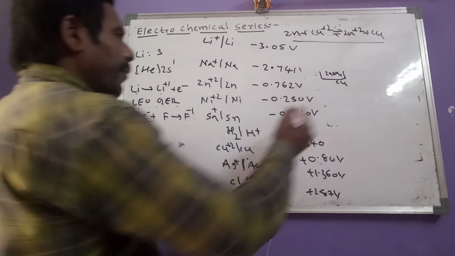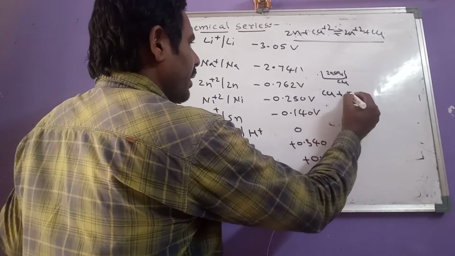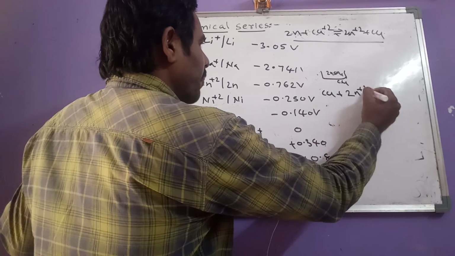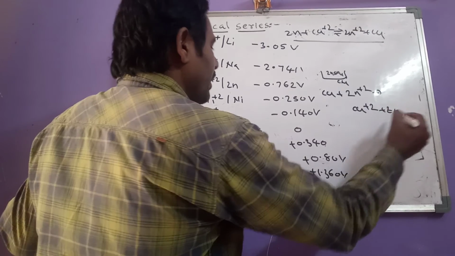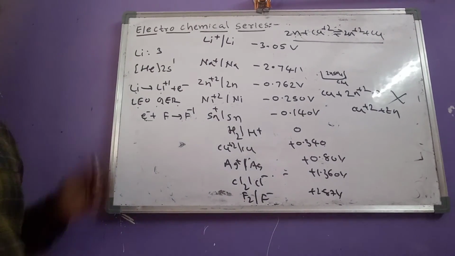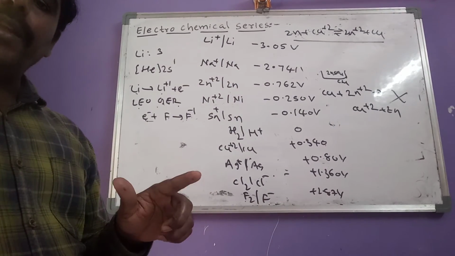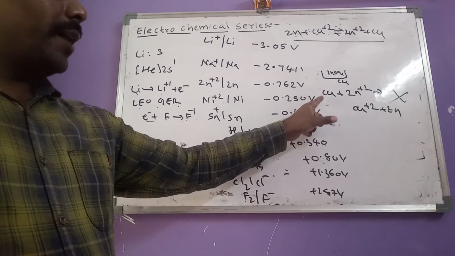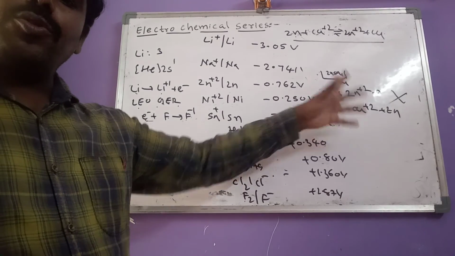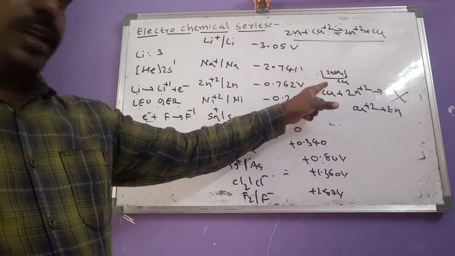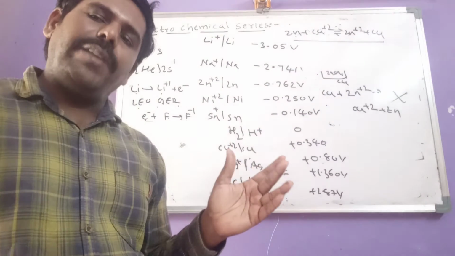That means if you see the reaction, copper is here, Zn is present in Zn plus 2 state, and copper plus 2 plus zinc. This reaction is not possible, because zinc reduces copper plus 2, but copper does not reduce Zn plus 2. So we can say that zinc sulfate can be stored in a copper vessel.